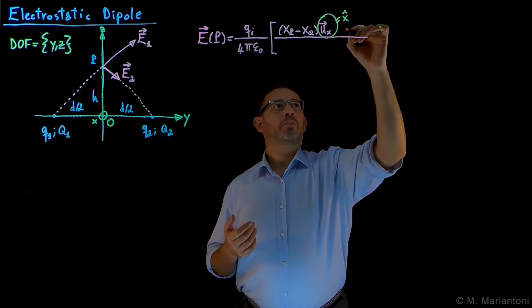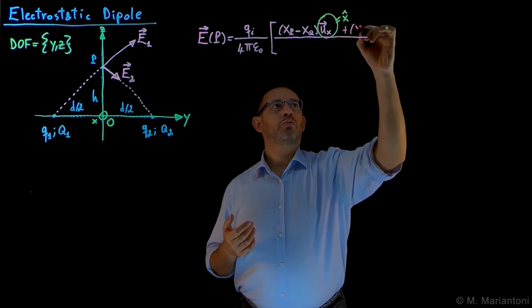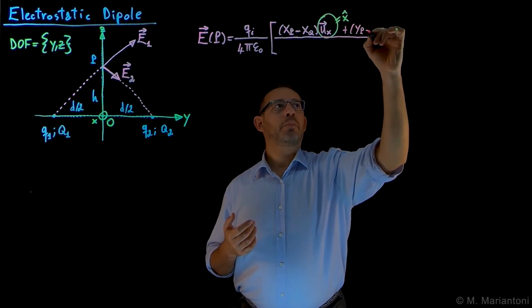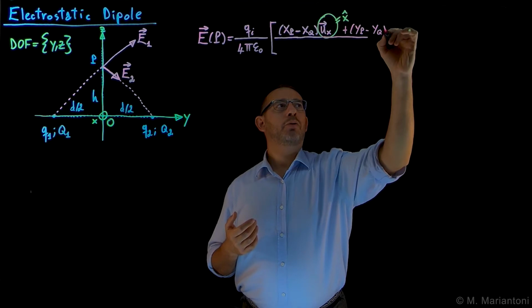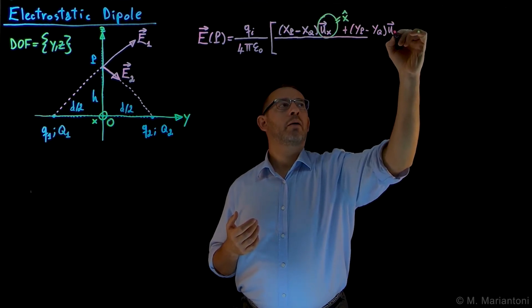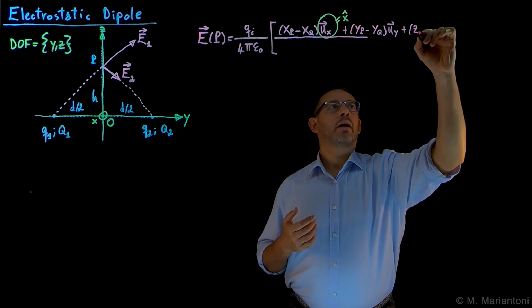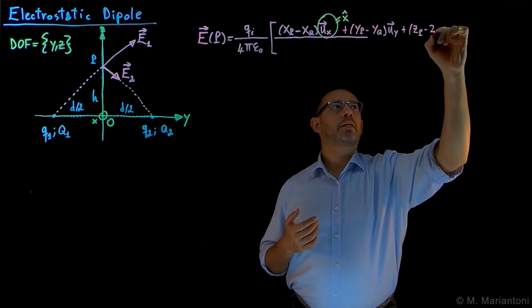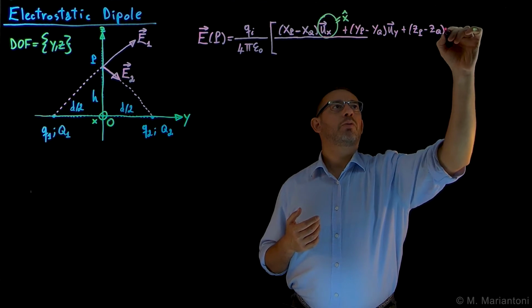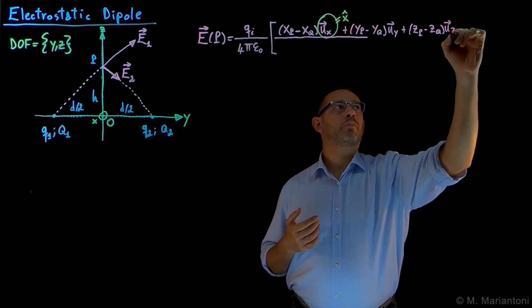And then I need to sum up the y contribution, which is y at the observation point P minus y at the source point Q, uy. And finally, the z component, which is z at the observation point P minus z at the source point Q times uz.